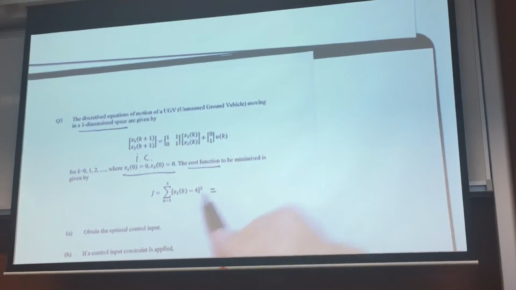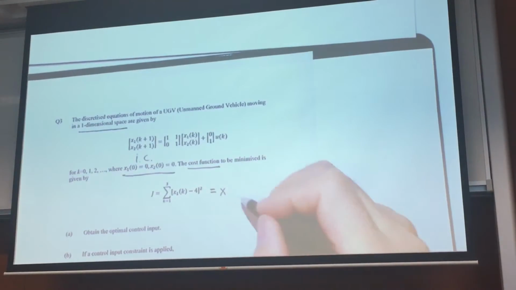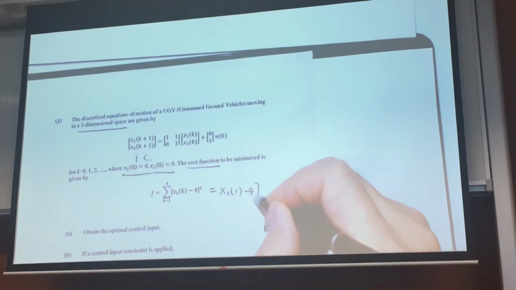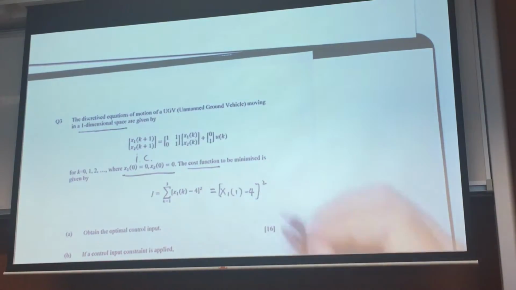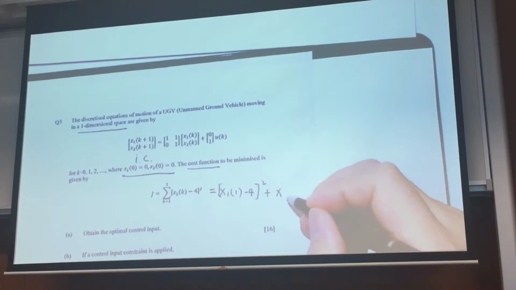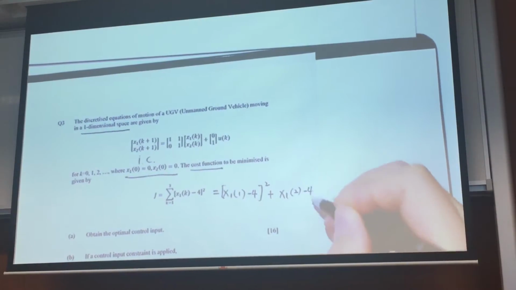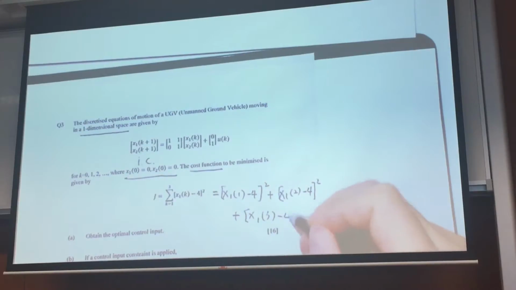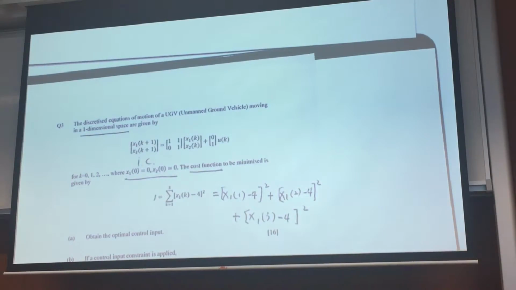So k equal to 1 is given by (x1,1 minus 4) square, plus for k equal to 2, (x1,2 minus 4) square, plus for k equal to 3, (x1,3 minus 4) square.